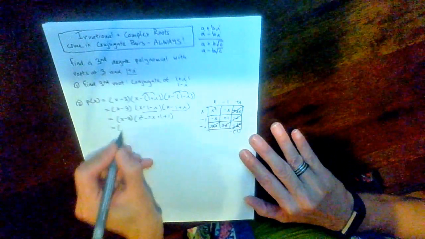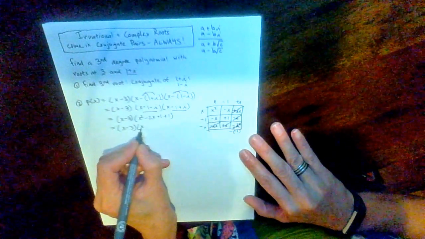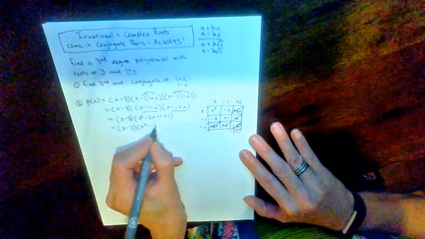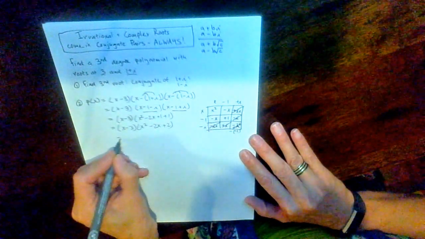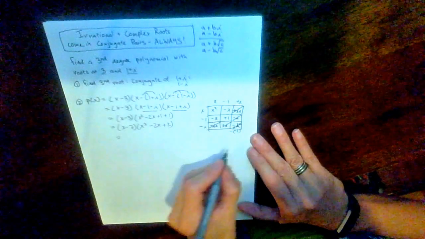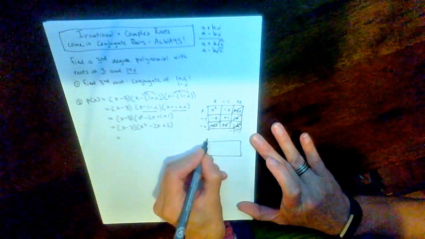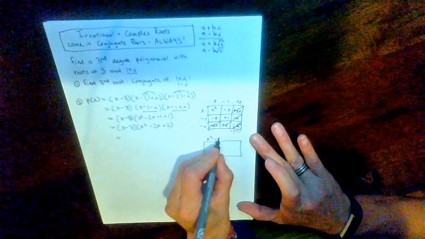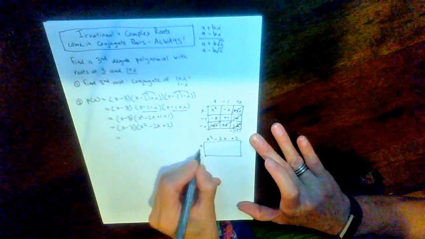So it's x minus 3 times x squared minus 2x plus 2. And then I multiply these out, and again that's 2 terms by 3 terms. So I have x squared minus 2x plus 2 times x minus 3.